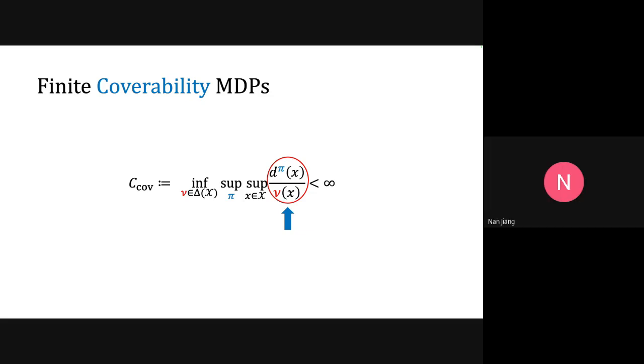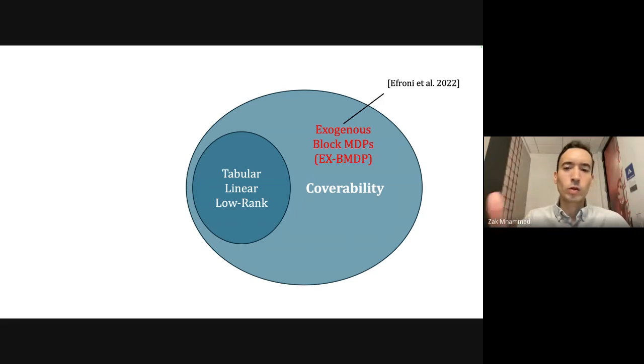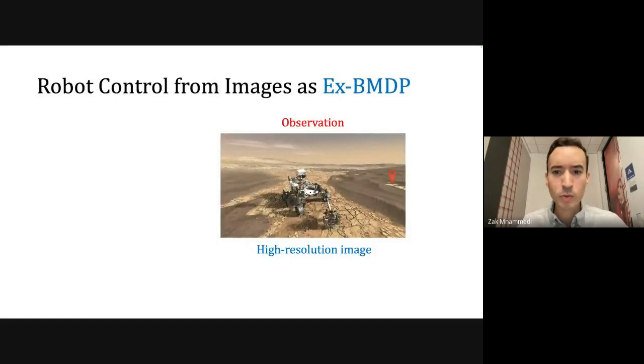Yep. Okay, cool. So one example of MDPs that fall under this category is exogenous block MDPs. Exogenous block MDPs are interesting because they can model many real-world applications. In particular, they can handle applications where observations are high-dimensional, but there is some low-dimensional latent state.